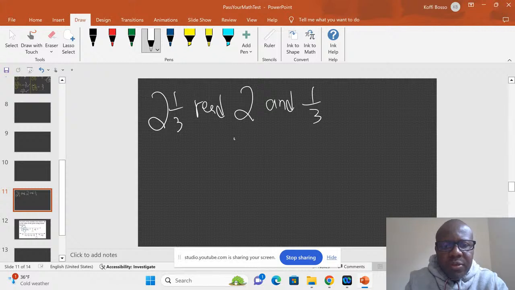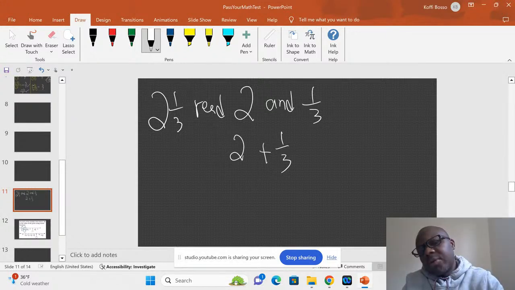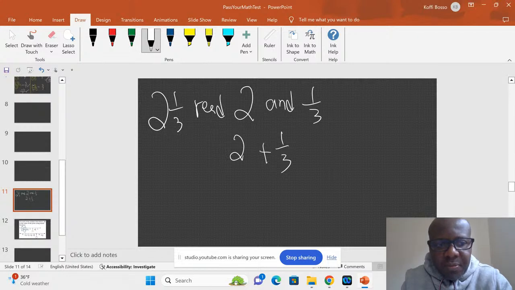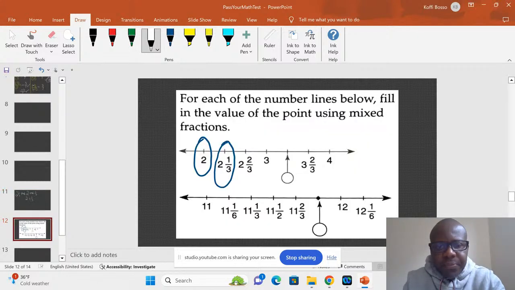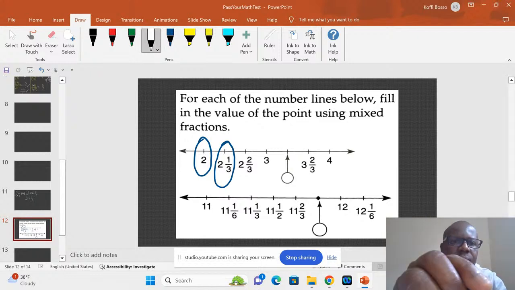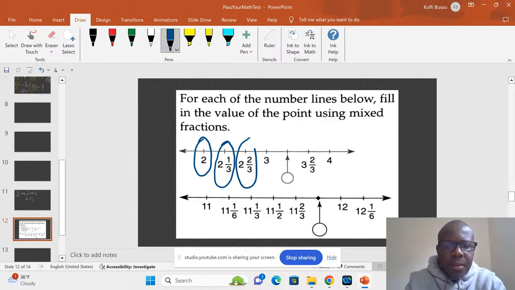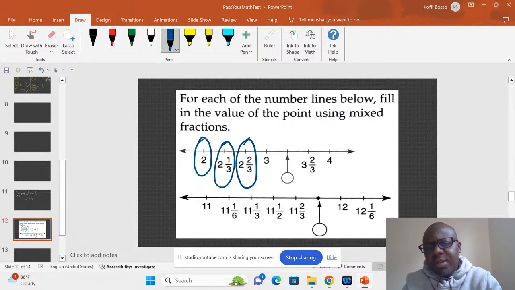Okay, this is the same as 2 plus 1/3. So "and" means plus. Now let's see what happened here. After we have a 2 and 1/3, we have a 2 and 2/3. So it seems like they are adding 1/3 to the previous number to get the next number.